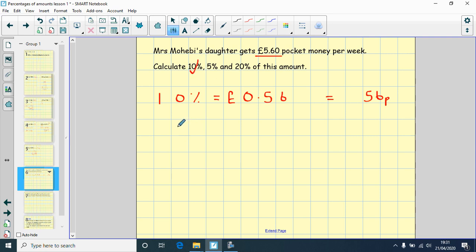Now 5%, the way to do 5%, well, I know that 5 is half 10. So if 10% is 56, I would just half that to get 5%. So half 56p. So again, there's no pounds.